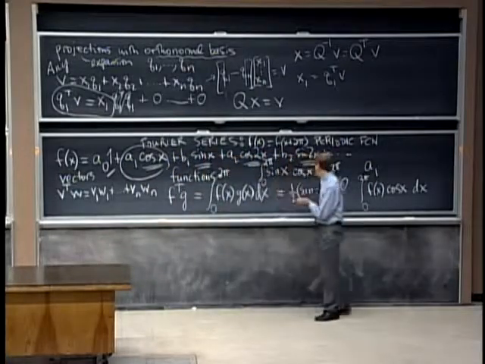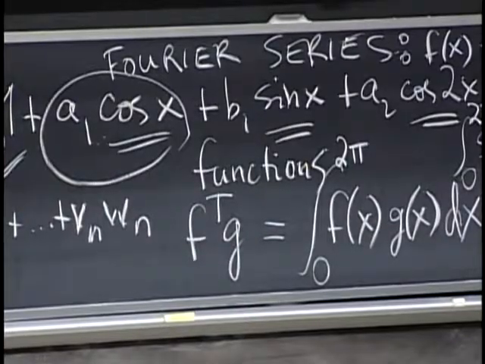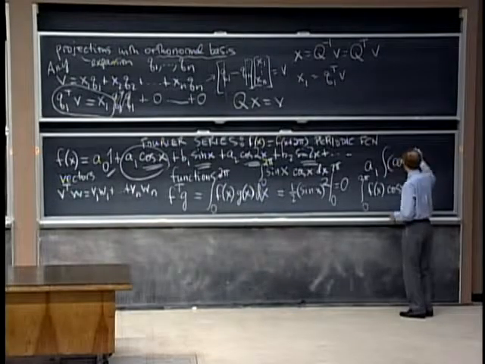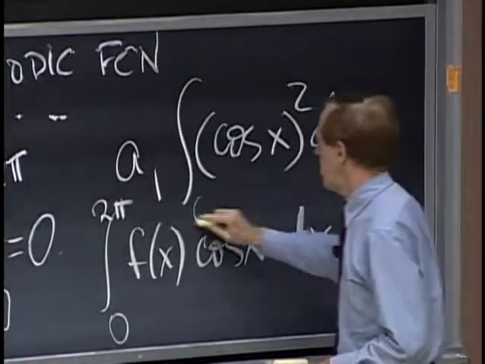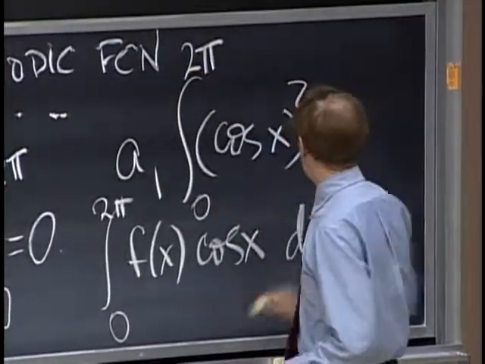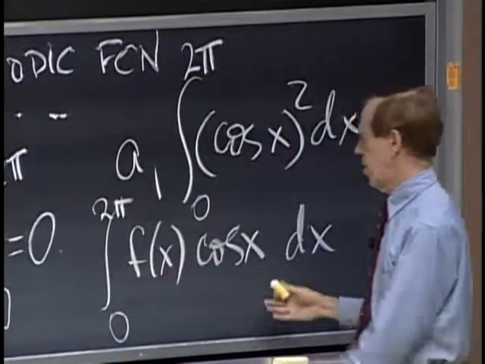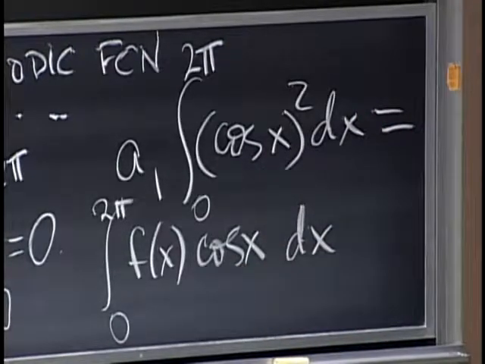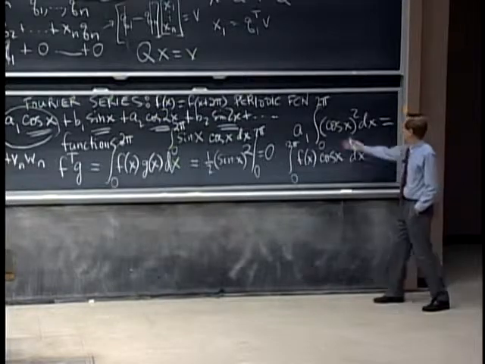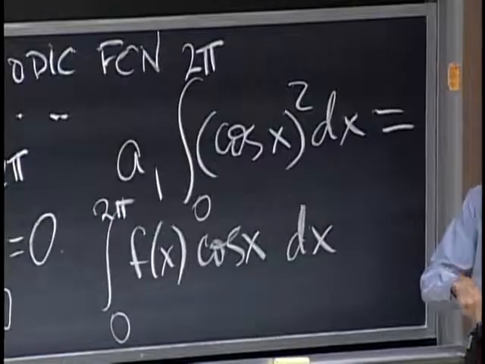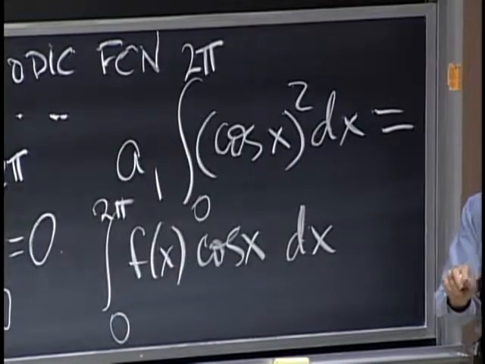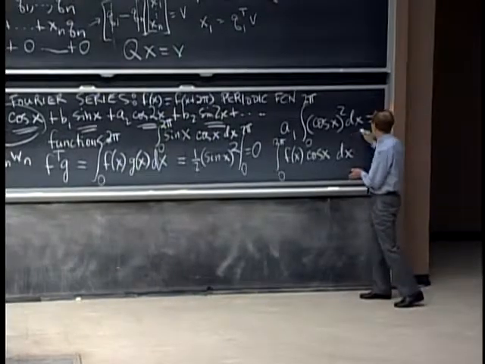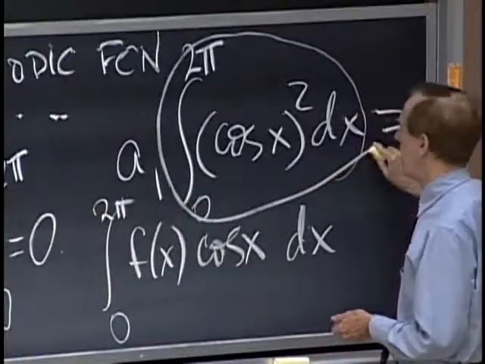All the others disappear. And that term is A1 times the integral of cos squared x dx, 0 to 2 pi, equals, so this was the left side, and this is all that's left on the right-hand side. And this is not 0, of course, because it's the length of the function squared. It's the inner product with itself. And a simple calculation gives that answer to be pi.